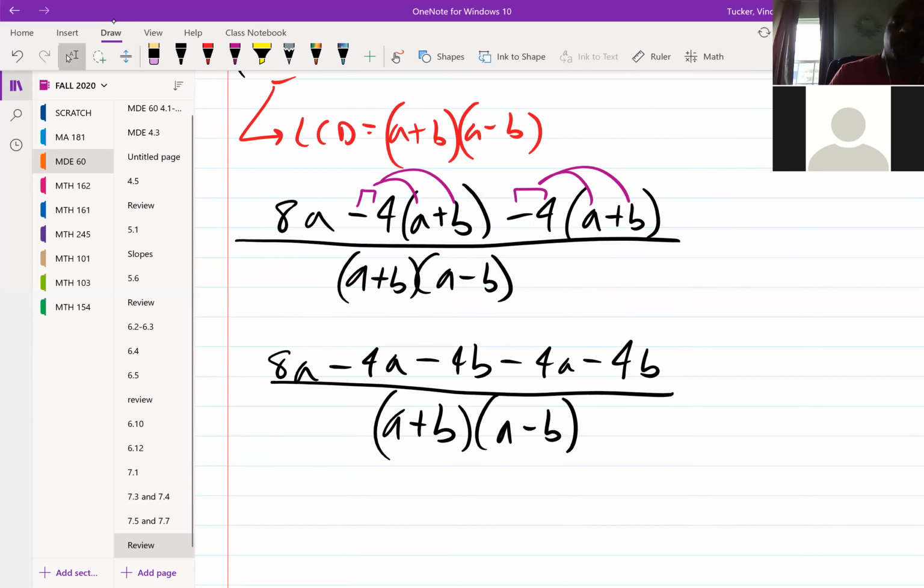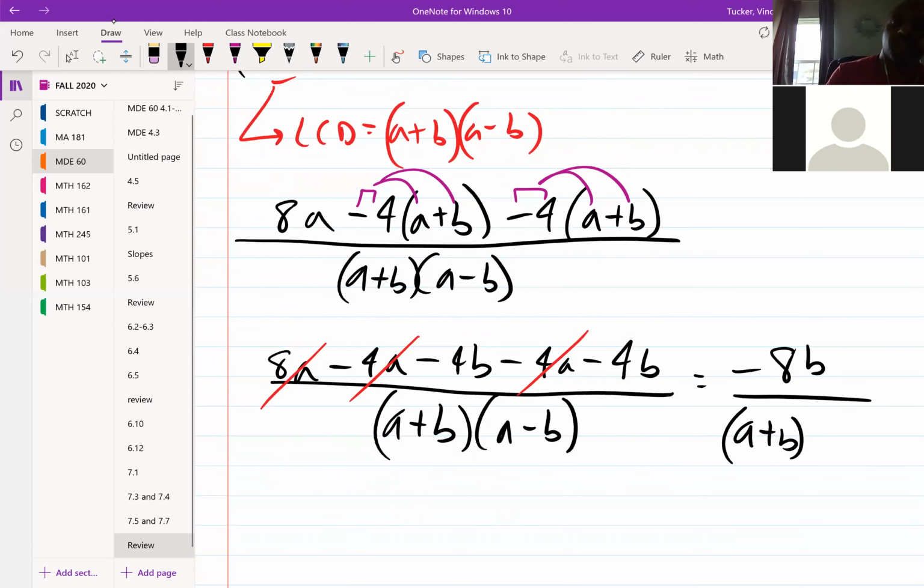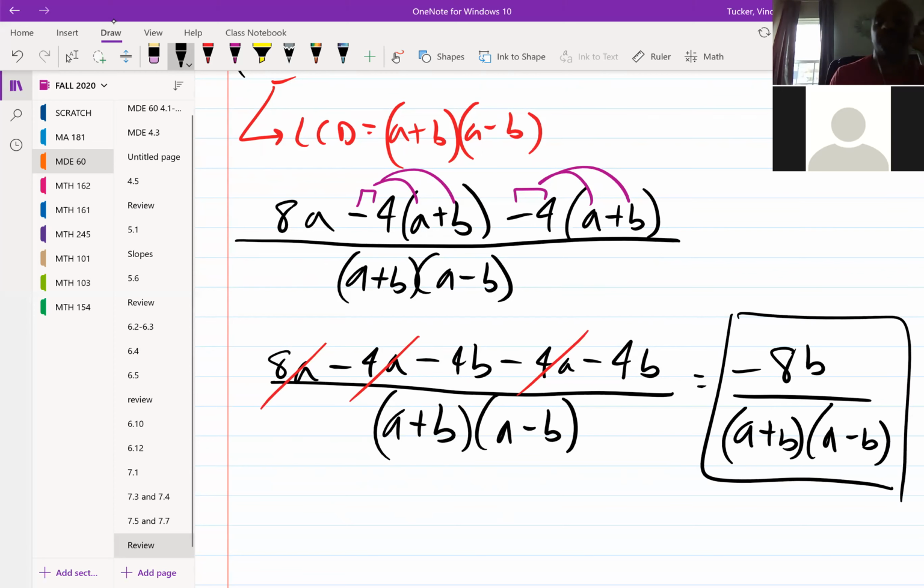Combine your like terms. We have 8a minus 4a minus 4a. That actually cancels. Then -4b, -4b, -8b. And that's it.